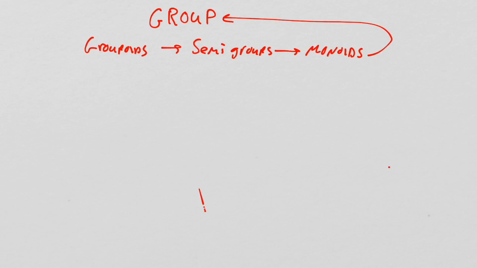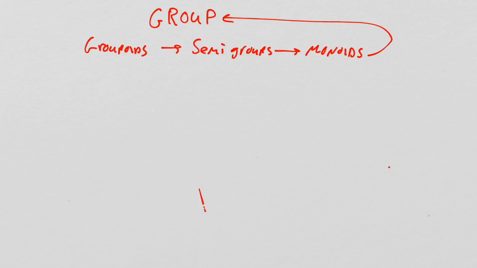Every group is a monoid, every monoid is a semigroup, every semigroup is a groupoid. But the group is usually the one we learn the first because it's probably the most interesting abstract algebraic idea out there, and it certainly is the most applied to physics, right? The one that you need the soonest in physics. You can use them in quantum mechanics and classical mechanics, certainly particle physics, all that uses groups.